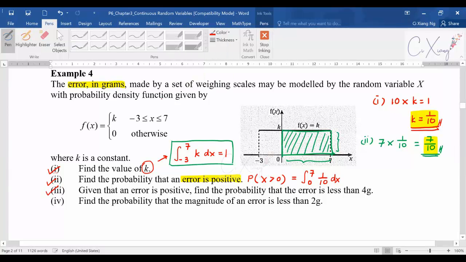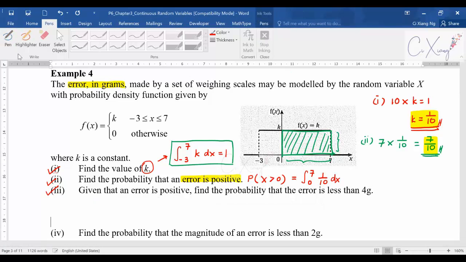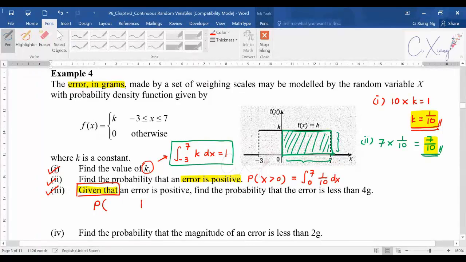For the third question, there is an important keyword here: given that. I think I told you before, when you see the words given that, it means this is a conditional probability. If you write out the symbol, you will have a slash.